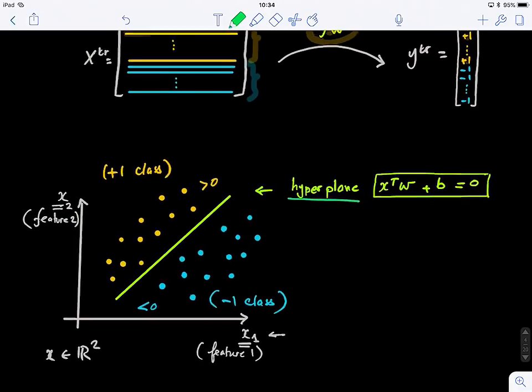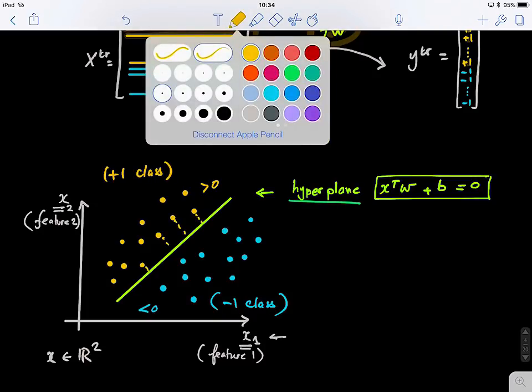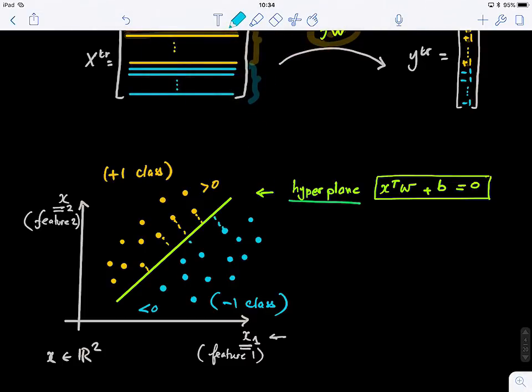This hyperplane is completely the opposite of the regression problem. We don't want it to be close to all data points. We want it to separate these two sets. We want the distance from each point in one class to the hyperplane to be far away from the other points.